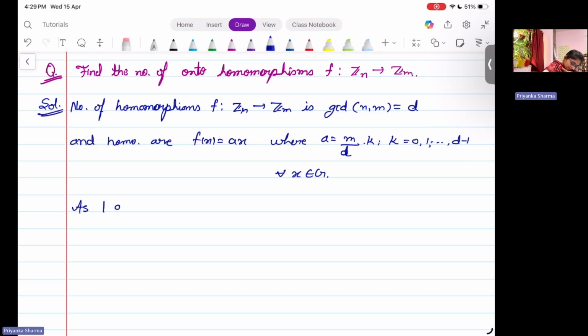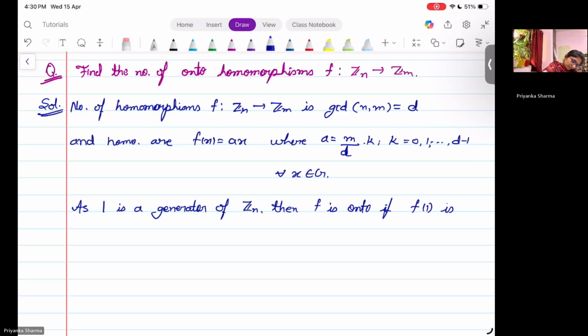It is equivalent to saying that, as 1 is a generator of Zn, f is onto if f of 1 is a generator of Zm.